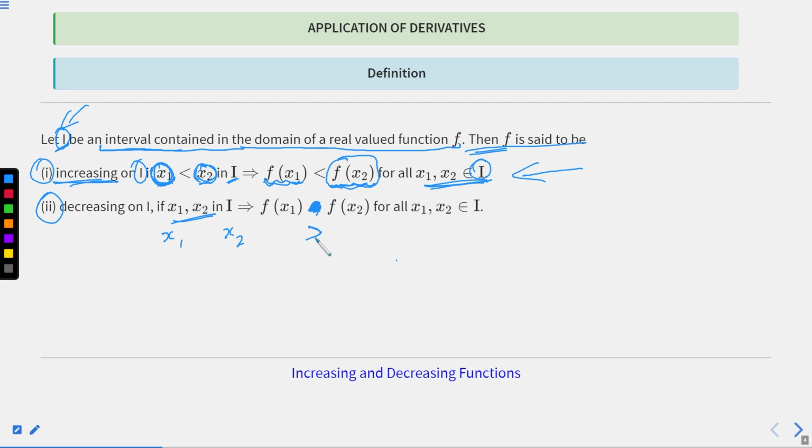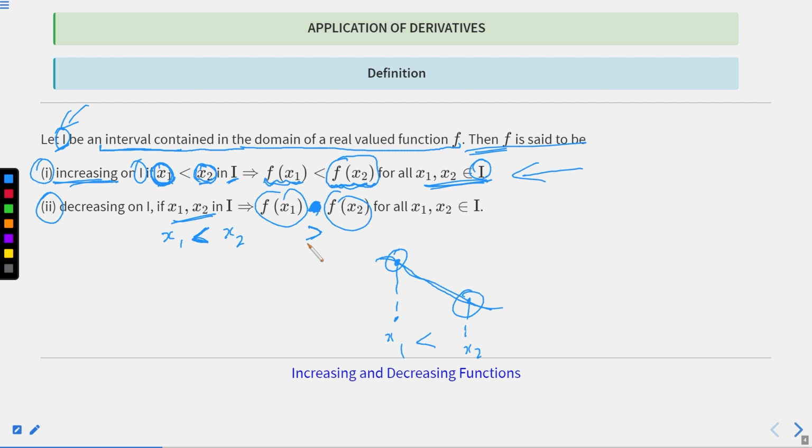So your function is decreasing, your x1 point is somewhere here, your x2 point is somewhere here. As you can see, x1 is less than x2. As the function is decreasing, the output for x1 must be greater and the output for x2 must be lesser. Why? Because your function is decreasing. A decreasing function shows this.